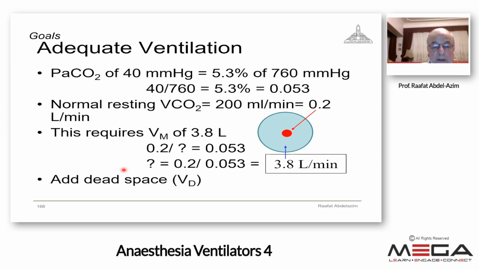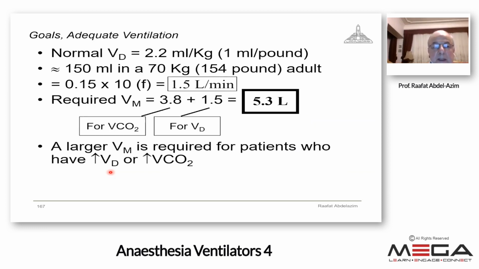But we have to add the dead space because it is not sharing in gas exchange. So it is understood now that the minute volume should be 3.8 liter per minute plus the dead space. The dead space normally is 1 milliliter per pound, in countries where we measure the weight in pounds, or it is 2.2 milliliter per kilogram because 1 kilogram represents 2.2 pounds.